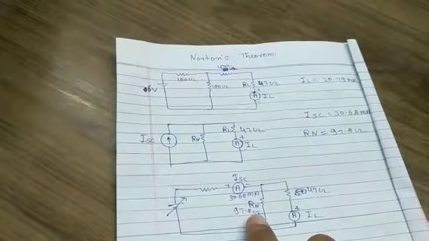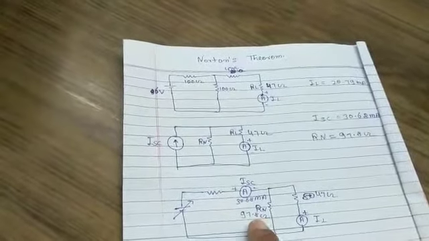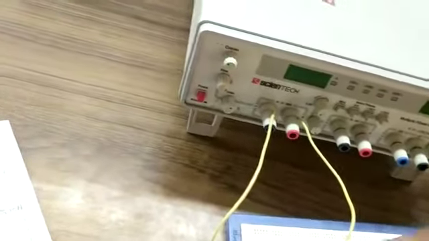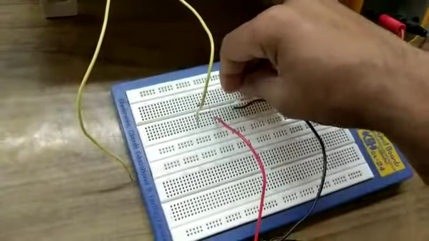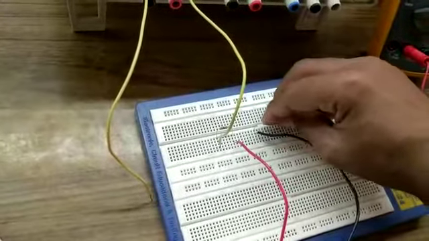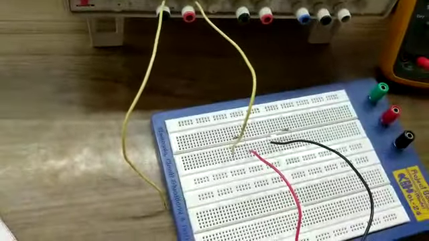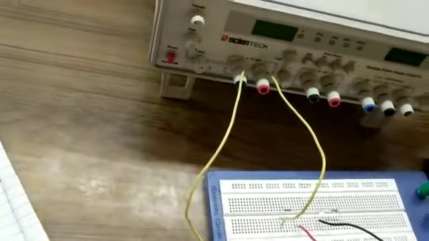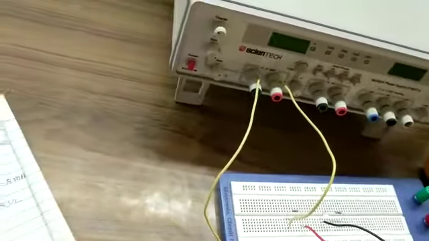Now connect 97.8 ohm, or equivalent to 100 ohm and 47 ohm in parallel, and an ammeter in series with the load resistance.